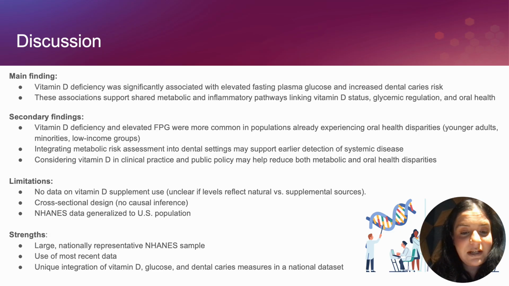Our secondary findings were that vitamin D deficiency and elevated fasting plasma glucose were more common in populations already experiencing oral health disparities, which included younger adults, minorities, and low-income groups. Integrating metabolic risk assessments into dental settings may support earlier detection of systemic disease. Considering vitamin D in clinical practice and public policy may help reduce both metabolic and oral health disparities.